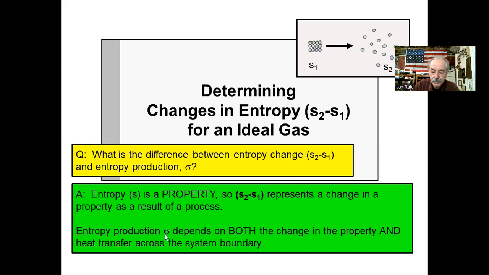Entropy production, sigma, depends both on the property changes of the substance and the heat transfer across the system boundary. So that's the way I remember the difference between entropy change, S2 minus S1, and sigma, the entropy production. Notice here how I haven't said sigma 2 and sigma 1. Sigma depends on the property change and the process that involves heat transfer.